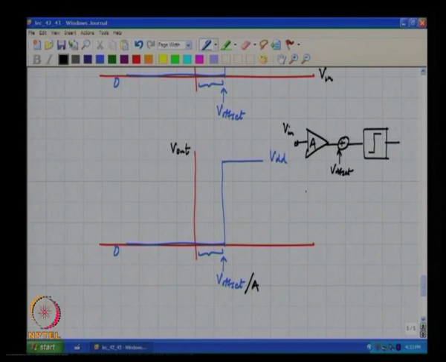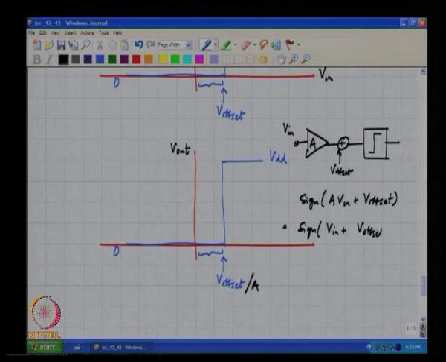So, the latch is giving us sign of A times V in plus V offset, which is equivalent to sign of V in plus V offset by A, correct.